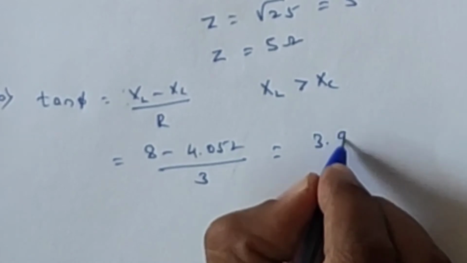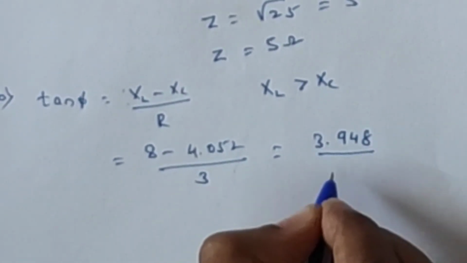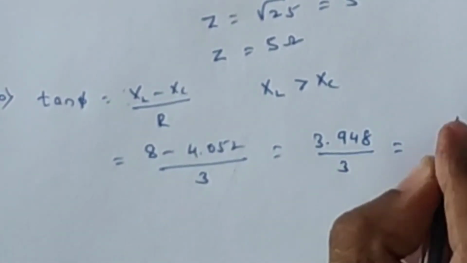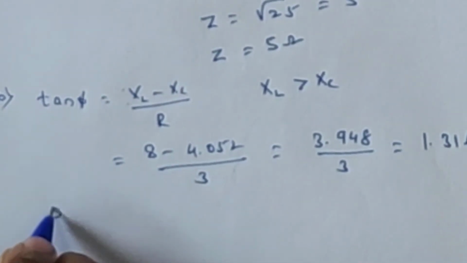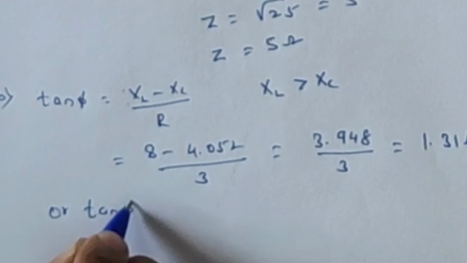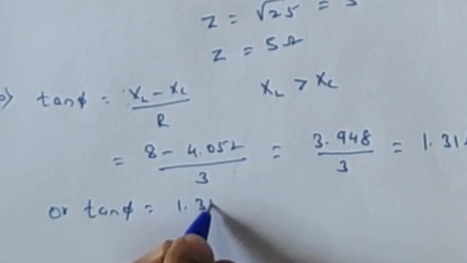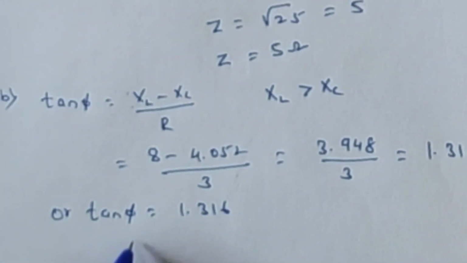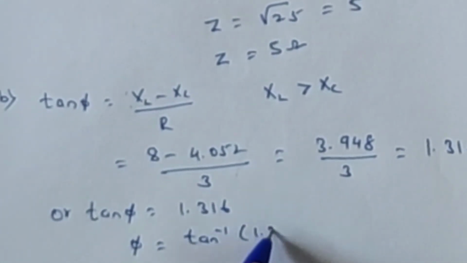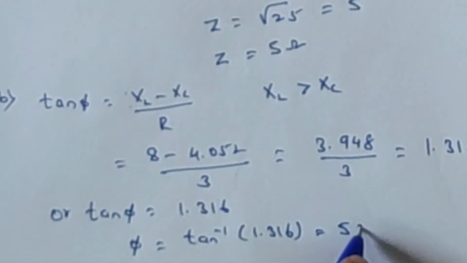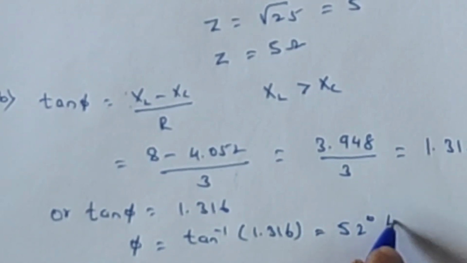This is 3.948 divided by 3, its value is 1.316. So tan phi equal to 1.316, or phi equal to tan inverse of 1.316. This is equal to 52 degree 46 minute.